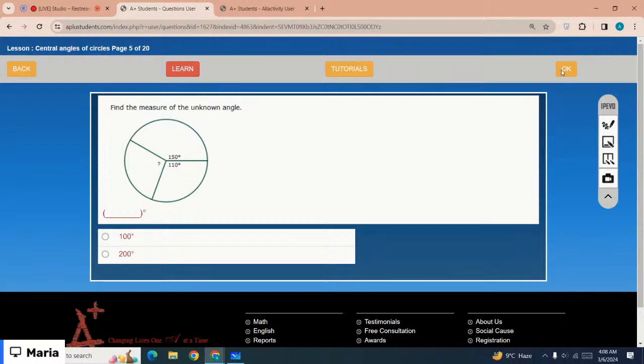Okay, the next one is find the measure of the unknown angle. Which is the correct option?